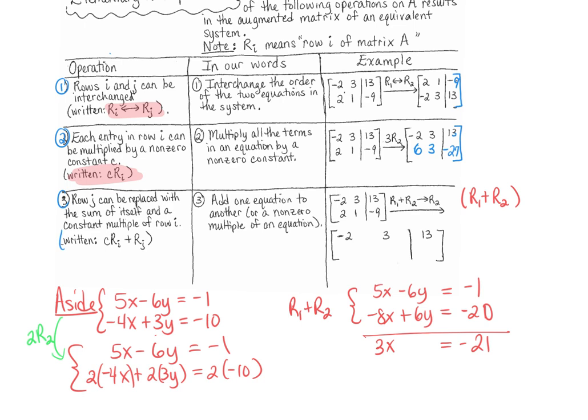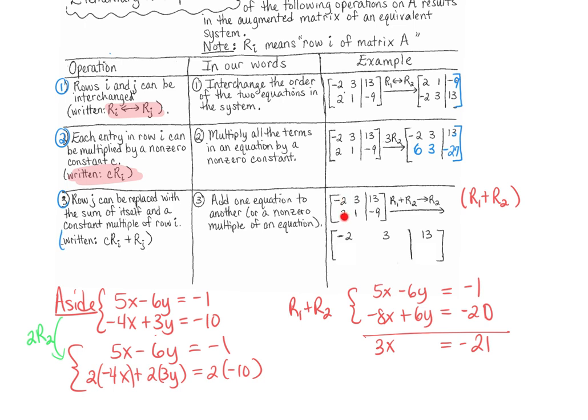Okay? So if we have this given augmented matrix and we say row 1 plus row 2, row 1 does not change. What's changing? Row 2. How are we getting the new entries? By adding row 1 and row 2. In the 1,1 position and the 2,1 position, we add them.